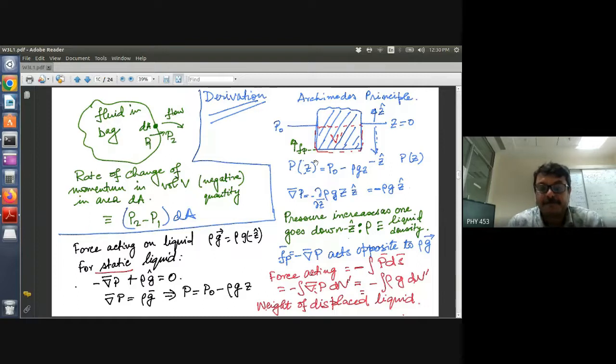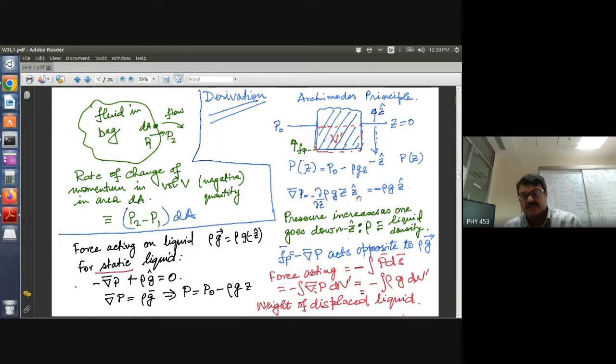Just to keep the idea, if you increase the depth, going down, you are going to negative Z. So this comes with a minus sign, but if Z is negative, essentially pressure will increase as you go from the surface, which is P0, in the negative Z direction, because Z is going to be negative, hence pressure is going to increase, right?